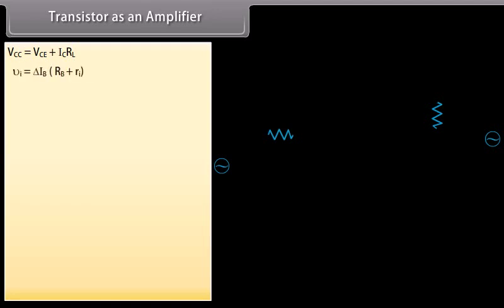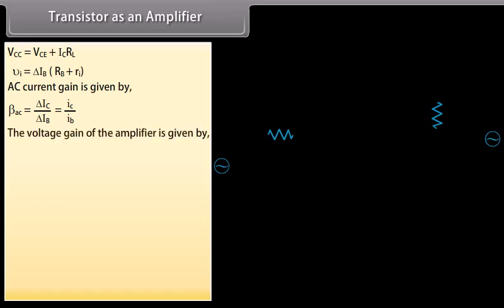Vi is equal to delta IB multiplied by RB plus Ri. The AC current gain is given by beta AC is equal to delta IC upon delta IB. The voltage gain of the amplifier is given by AV is equal to delta VCE upon Ri delta IB, or it can be written as AV is equal to minus beta AC RL upon Ri.